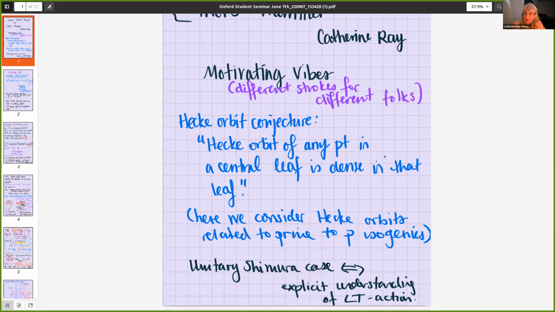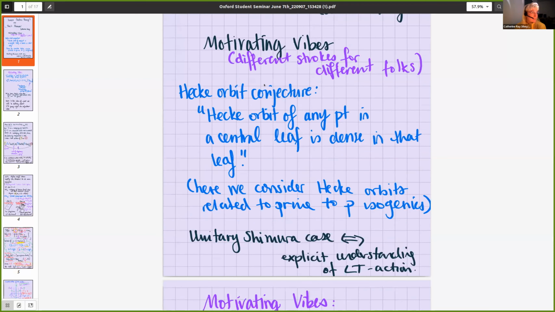For those who happen to know this group and space, we'll be talking about the Lubin-Tate action. The Lubin-Tate action is an action of what in topology we would call the Morava stabilizer group on the Lubin-Tate space. But let me set up why you might care about this group action and why we might try to calculate its group cohomology.